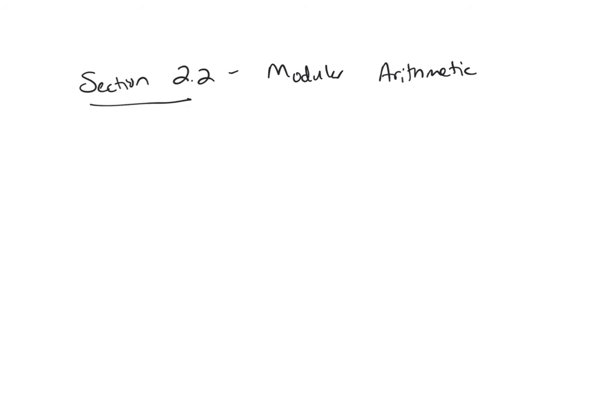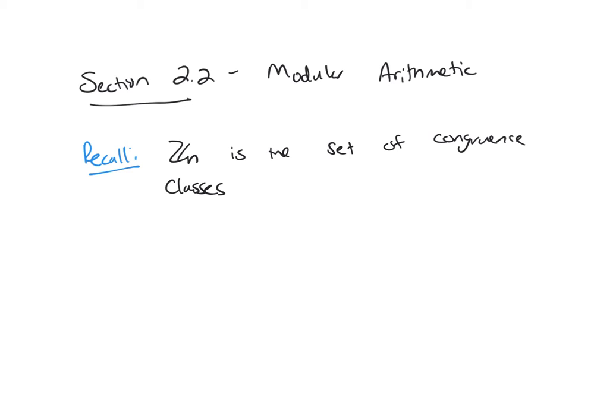So let's start by remembering that we talked about this set last week. We talked about this set Zn, which is the set of congruence classes, or we use the phrase equivalence classes, modulo n.